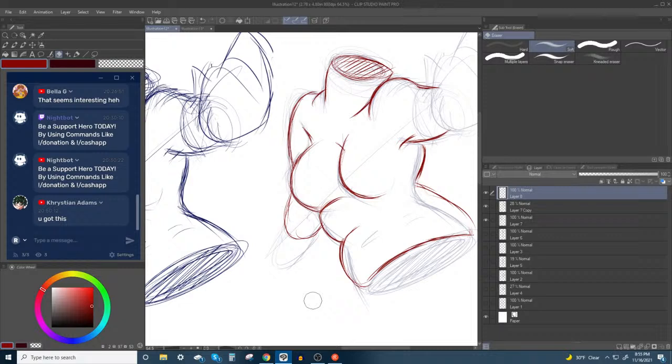But with a chubbier girl, the stomach is going to be more flattened and emphasized. It's not going to be like this, it's going to be flattened. So the belly button's going to be flattened like this.